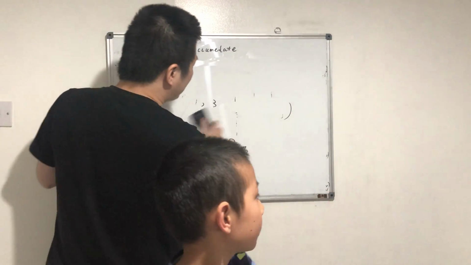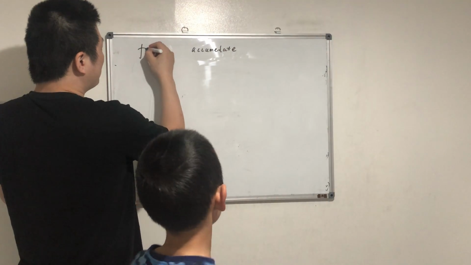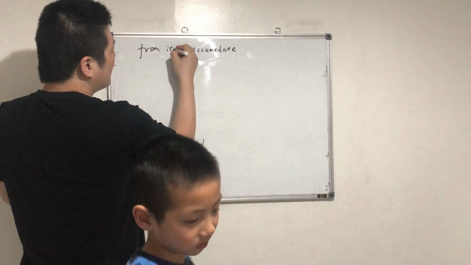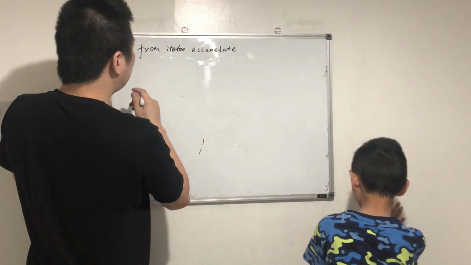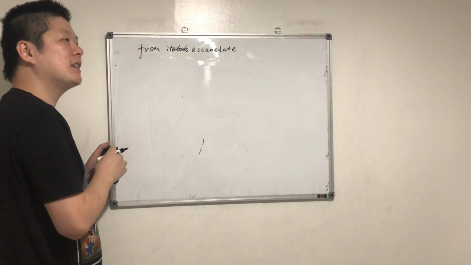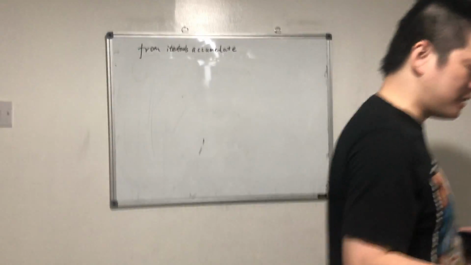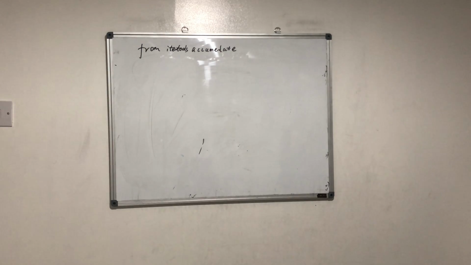So this function is from itertools. If you want to use it, you can import it from itertools. Is it from itertools or functools? Actually, I'm not quite sure, but let me double check.